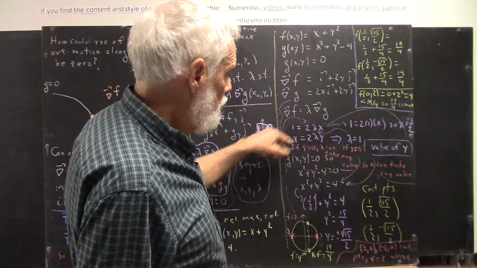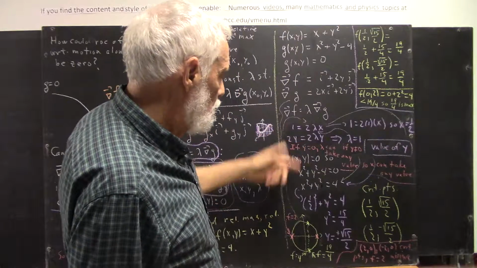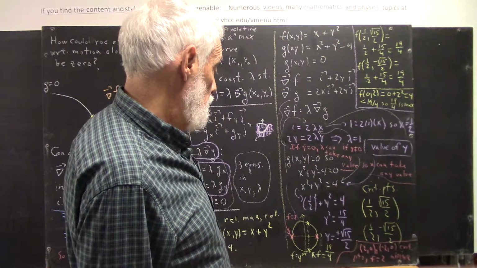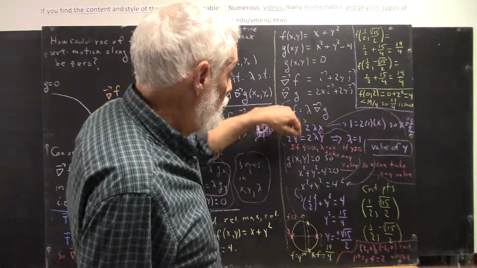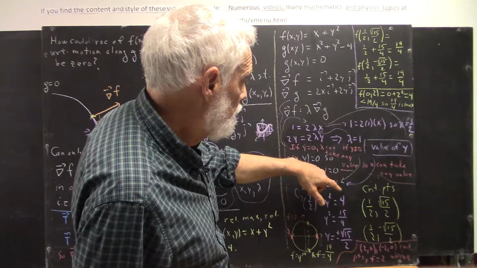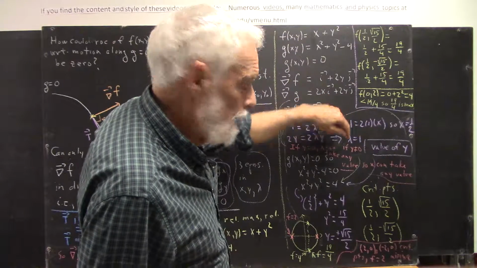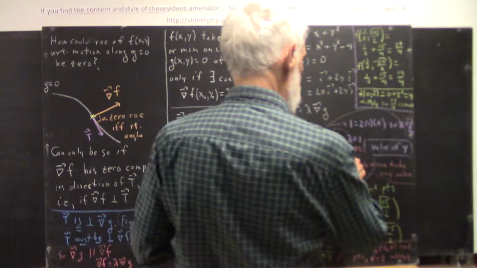So we come up here, if y equals 0, what do we know? Well, from this constraint, we know that x equals 2, or plus or minus 2. So if y equals 0, lambda can take any value, and my notation might be a little confusing.